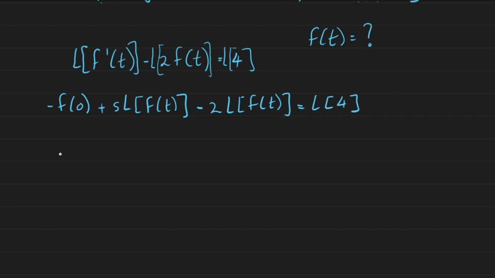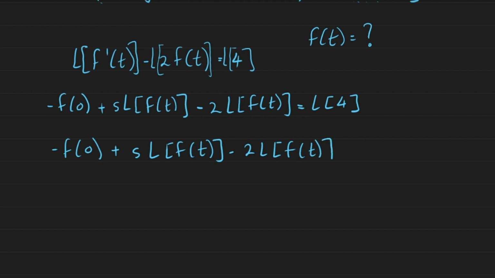If we compute all these different Laplace transforms, we have minus f naught, that remains the same, and then plus s times the Laplace transform of the function, then minus 2 times the Laplace transform of the function itself. Then the Laplace transform of 4 is just 4 over s according to our standard transforms which we had derived in the previous videos.